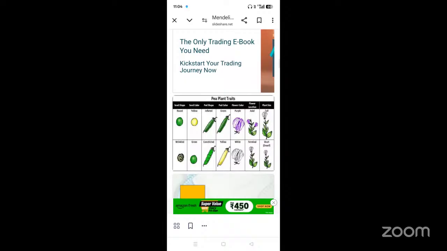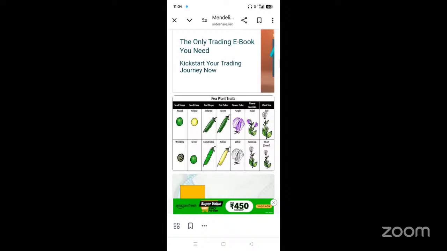Mendel even conducted this experiment with other contrasting traits, like green versus yellow peas, and round versus wrinkled. In all of these cases, he found similar results, which led to the formulation of the laws of segregation and dominance.